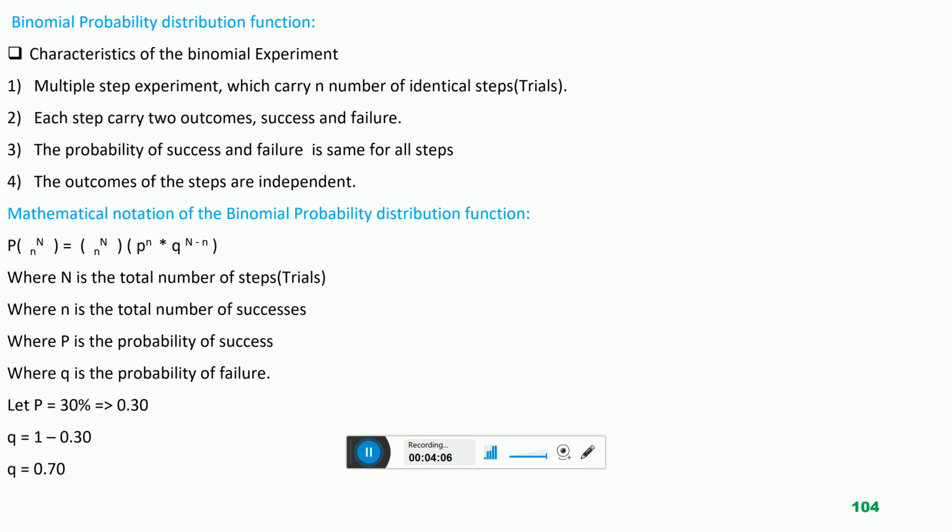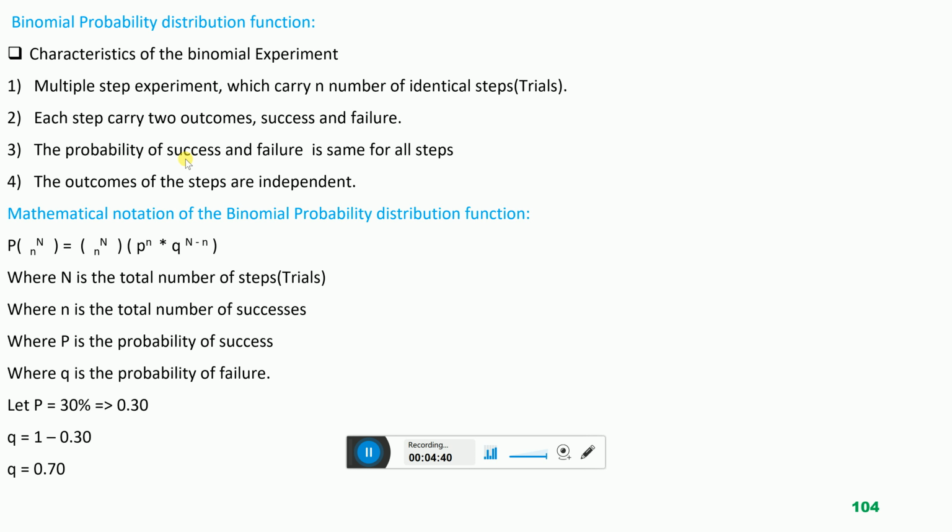Let me clarify these characteristics of the binomial experiment by putting one example. Suppose toss a coin twice. So tossing a coin is the experiment, and now we are tossing a coin twice, so this is a multiple step experiment. First characteristic satisfied, that steps are more than one, and the steps are identical: toss a coin one time and toss a coin again second time.